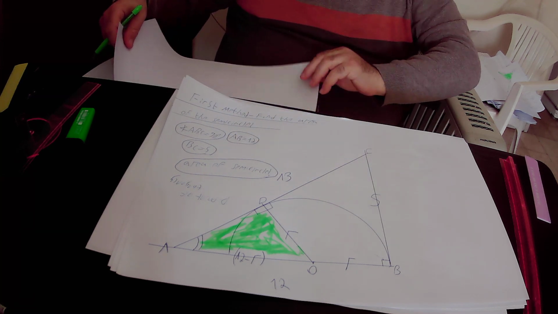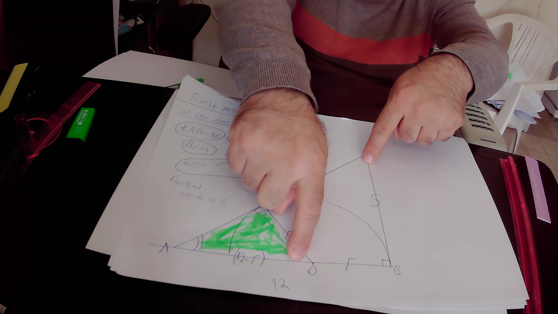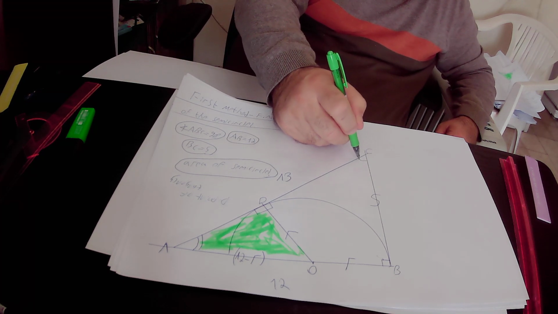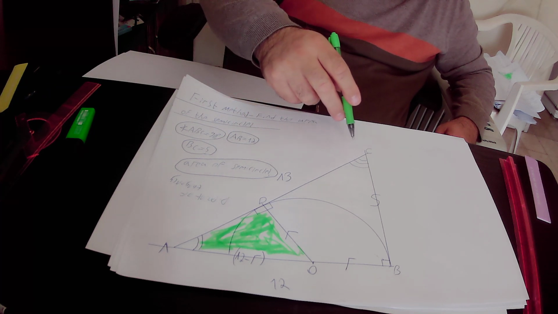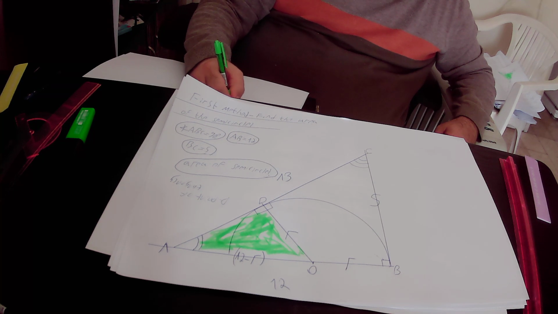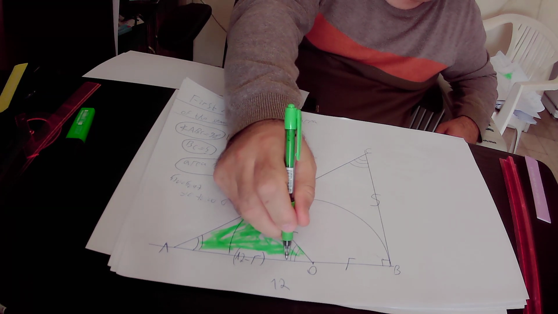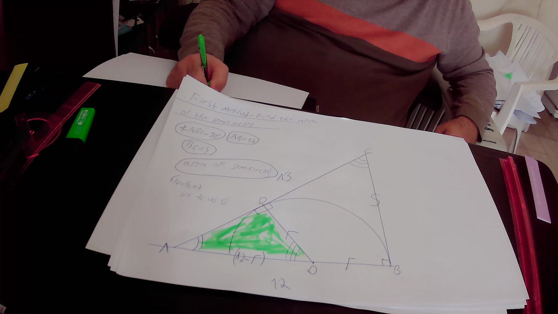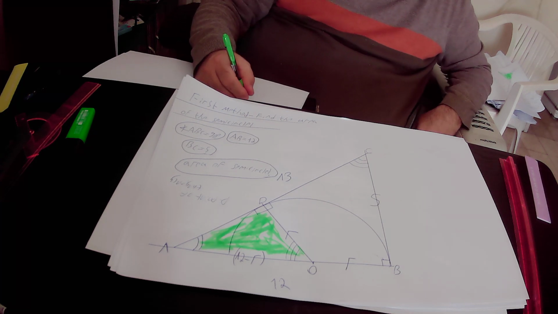And also, those two angles are equal to each other according to the third angle theorem. So this angle, angle ACB, equals this angle in the green triangle, angle AOD, and those two angles are equal according to the third angle theorem.